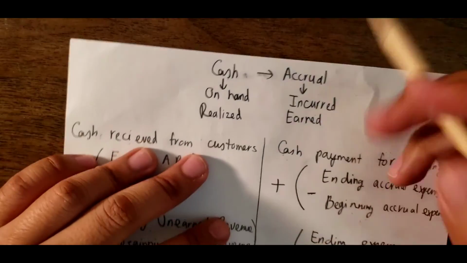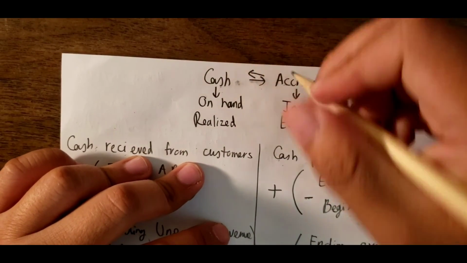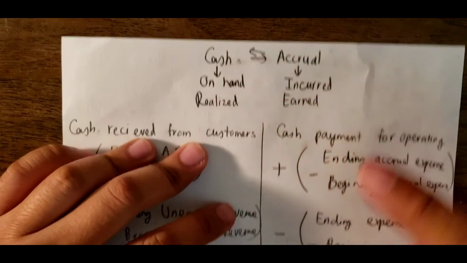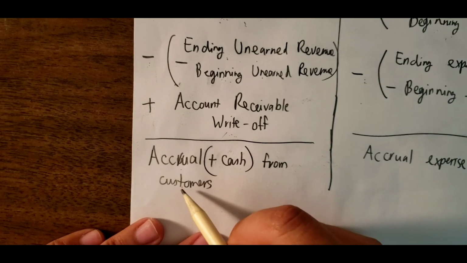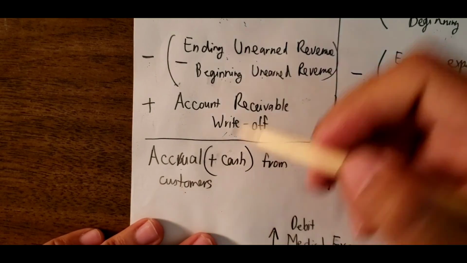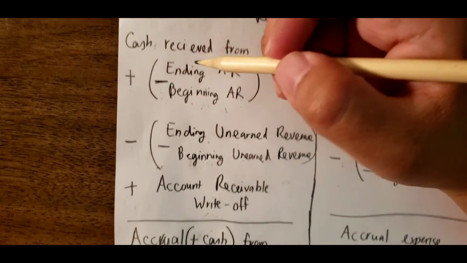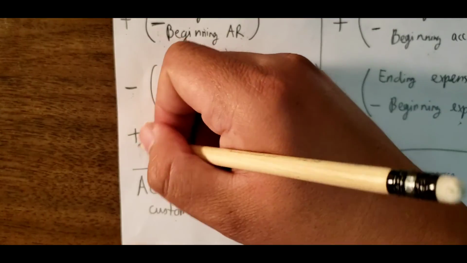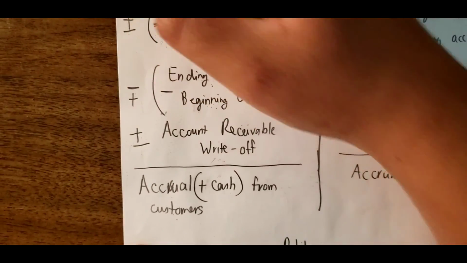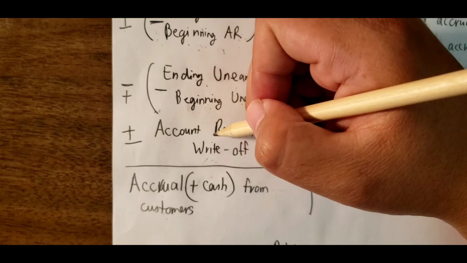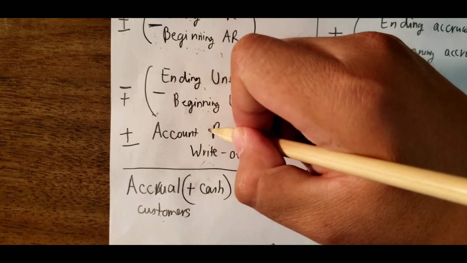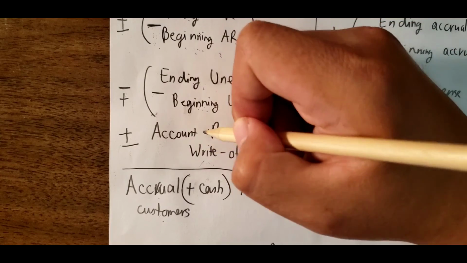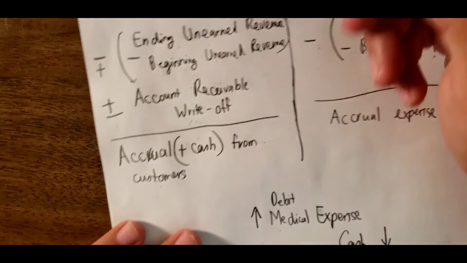So let's do accrual return to cash. In the bottom we have the accrual. If you want to return back to cash, you just change the sign of everything, because when we move the accrual from the right to the left side, everything will change sign.